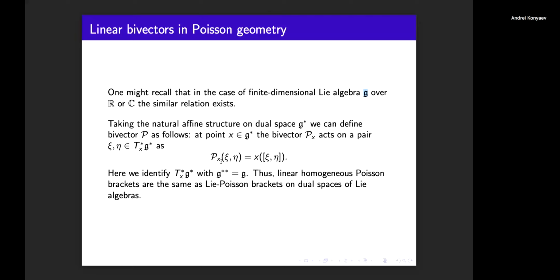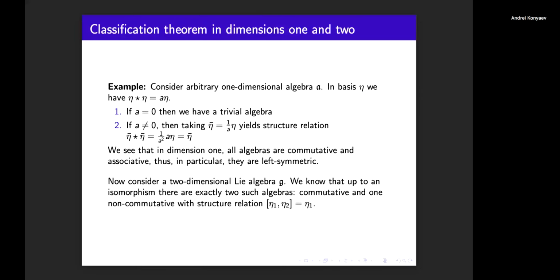So the natural question is, can we apply something we know about Lie algebras to the affine structure? And of course, the answer is yes. We will see it in the later lectures. And the same idea goes here. If we know something about left symmetric algebras, maybe we can apply the information we know about left symmetric algebras to the knowledge of Nijenhuis geometry.